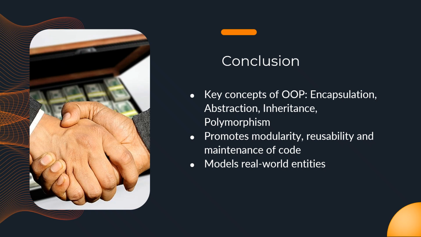Object oriented programming is used to reuse our code and has different types of benefits. There are four pillars: encapsulation, abstraction, inheritance and polymorphism, and it is used in real world applications.